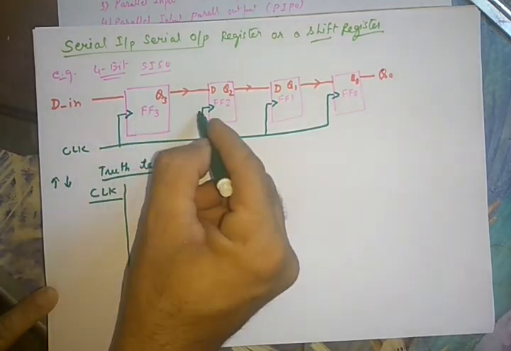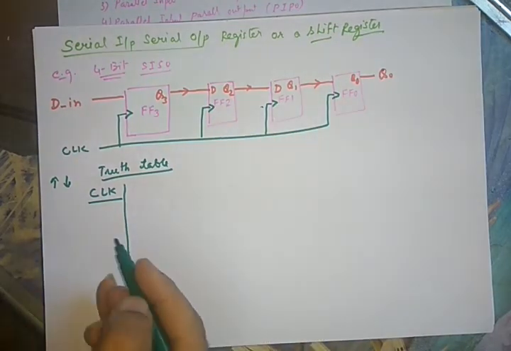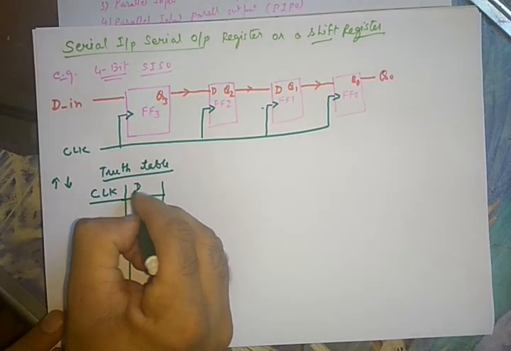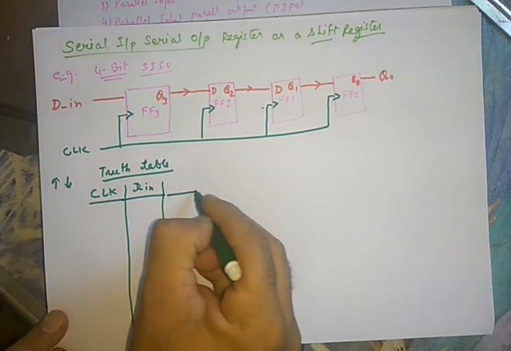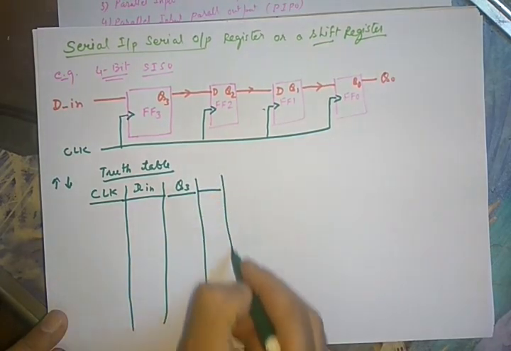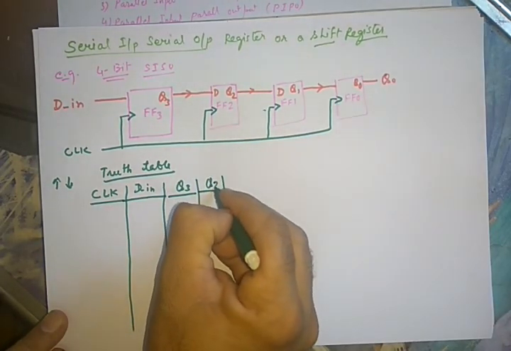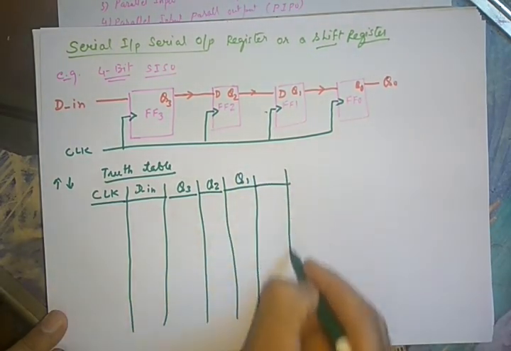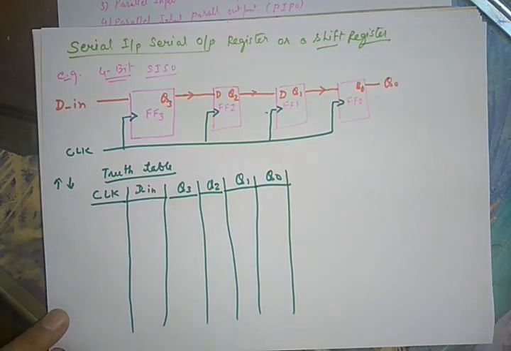Here in this example we have considered positive edge triggered clock. This is D underscore N signal, this is Q3, Q2, Q1 and Q0.